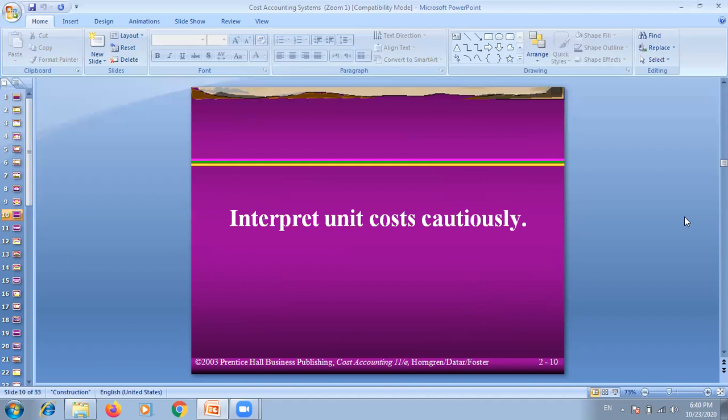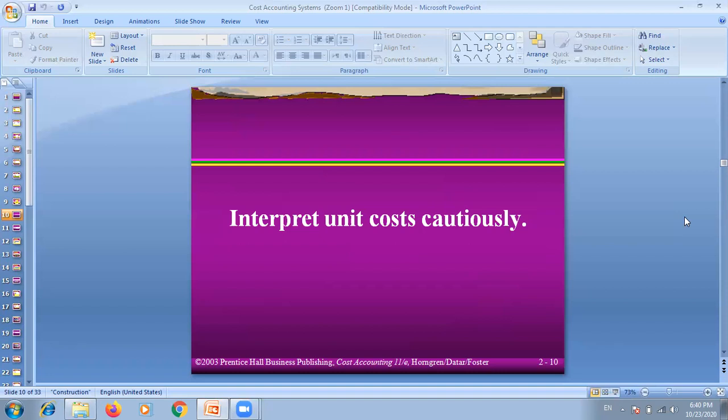Interpret unit cost cautiously. I told you why you have to interpret it cautiously, and we had an example. When we divided the total cost of producing 1,000 bikes, we found that each bike has 146.5 as cost per bike: 52 for the handlebar, variable cost, and 94,500 divided by 1,000 gives 94.5. 94.5 plus 52 gives 146.5.